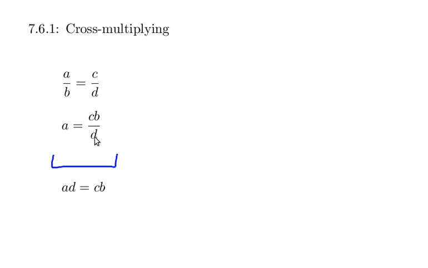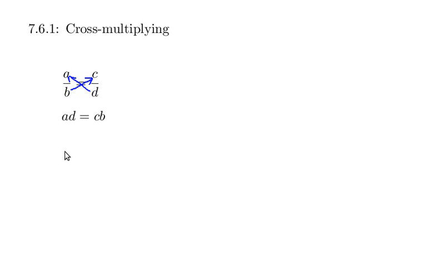So let's get rid of this middle thing here. What we did was take this denominator and move it up here, and take this denominator and move it up here. Now the B is next to the C, and the D is next to the A.